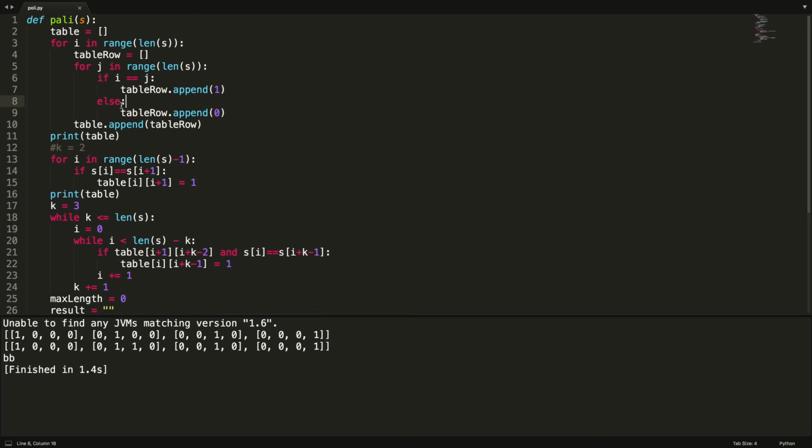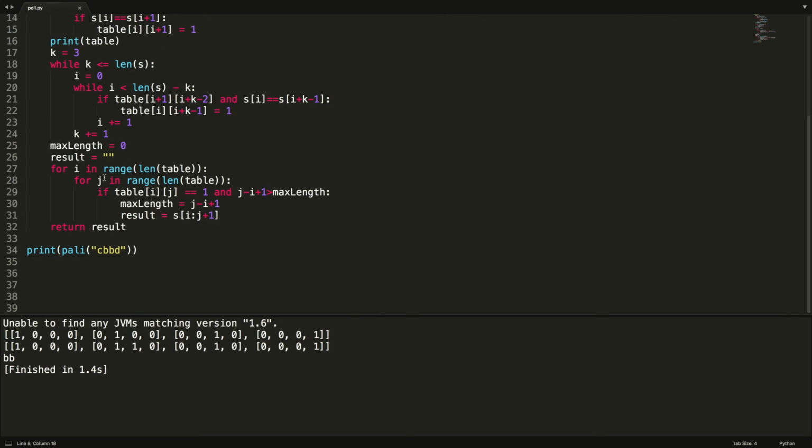That's because this table initial is wrong, because we just initially append the 1. We didn't append the table when i is not equal to j. So now we append that to 0, and also here, because the substring is from i to j, I write j plus 1 here.